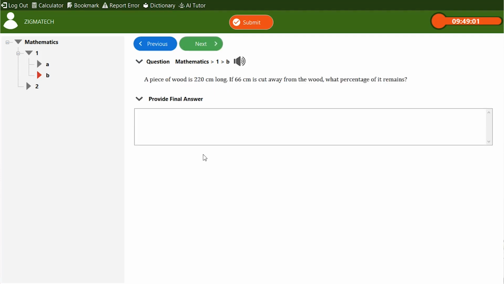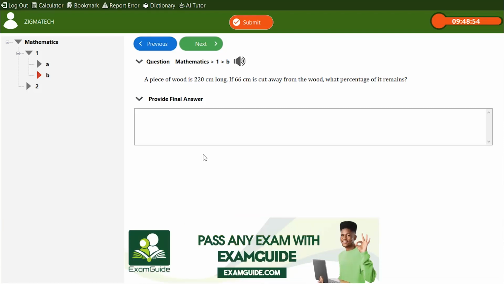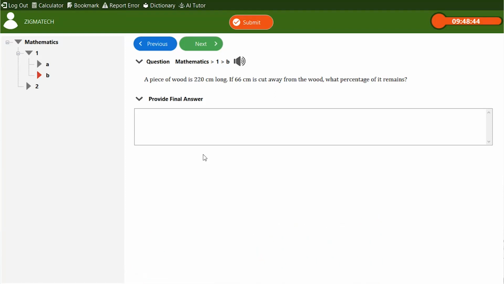The next one says, that is number 2. A piece of wood is 220 centimeter long.